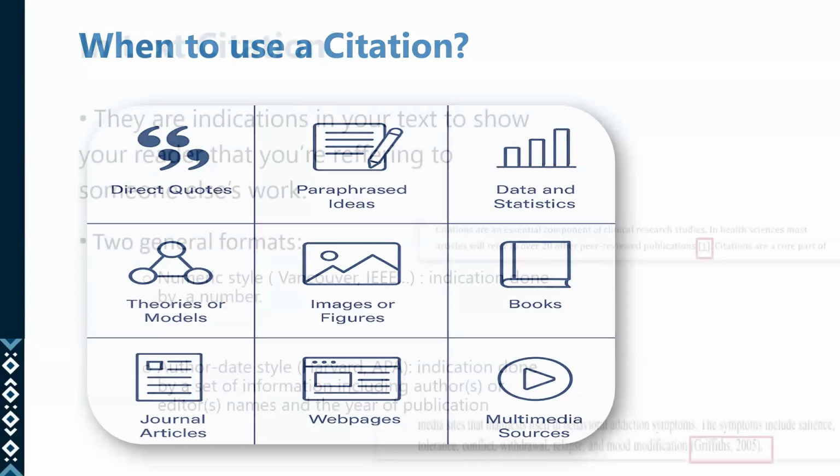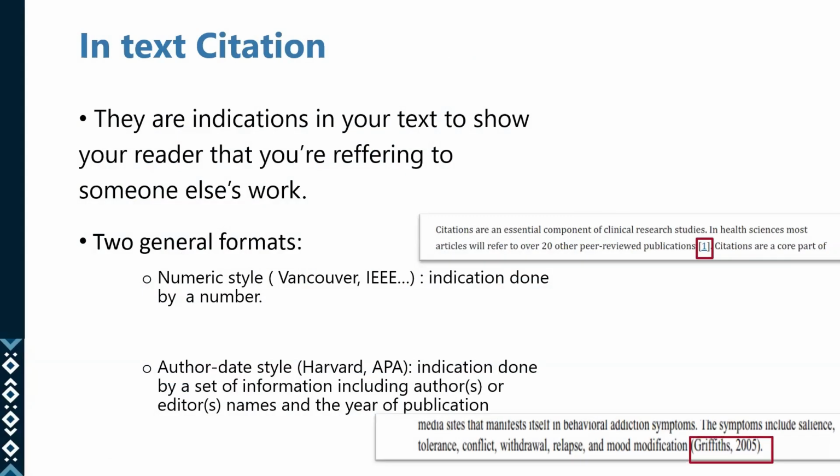So as we were discussing the elements of proper citation, the first element was the in-text citation. What is in-text citation? In-text citation is an indication in your text to show your reader that you are referring to someone else. And this can be done in two ways.